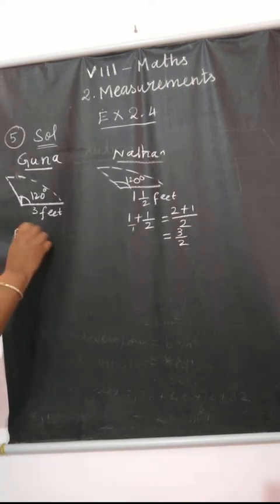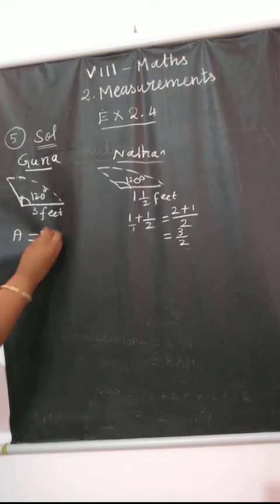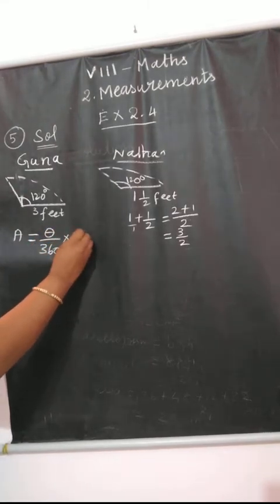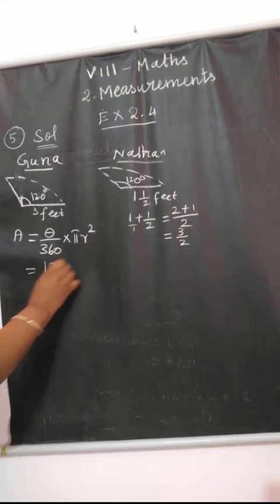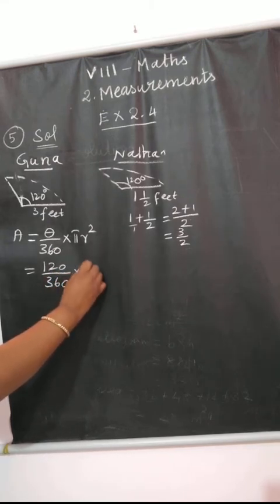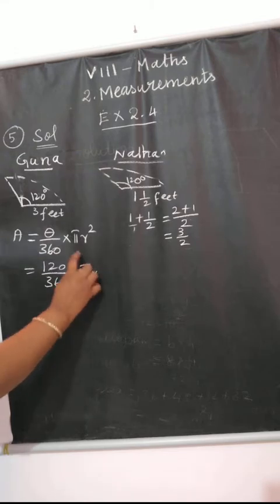So A is equal to theta by 360 into pi r squared, where theta is given. So theta is 120 by 360 into pi, pi as it is.